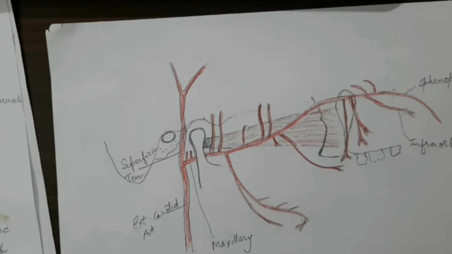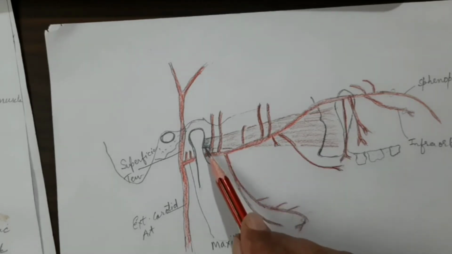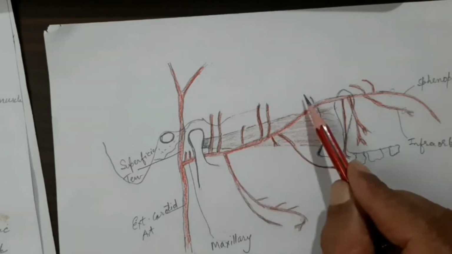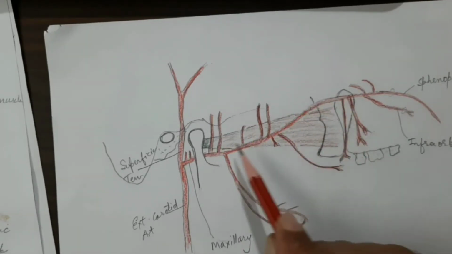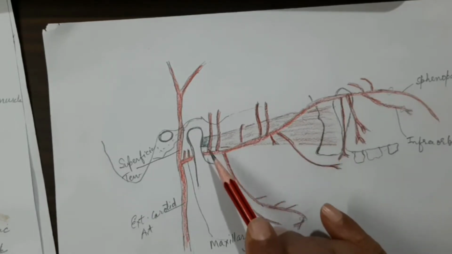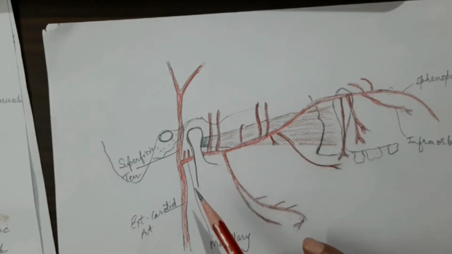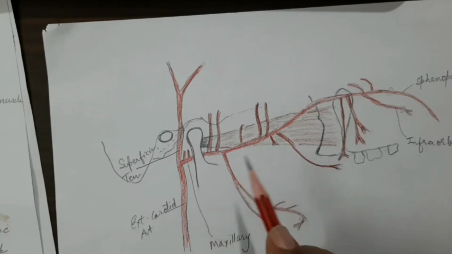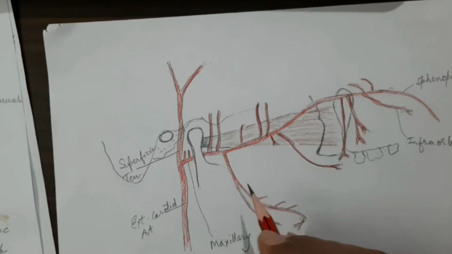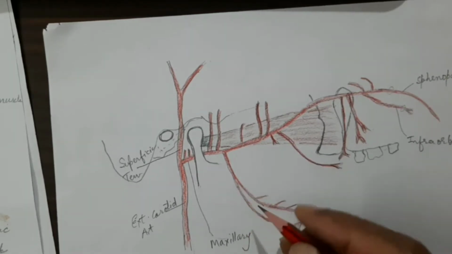Just see how the artery in the infratemporal fossa is divided into three parts. The first part lies below the lower border of the lateral pterygoid muscle. As I said, this is the lateral pterygoid, and I have drawn only the lower head, not the upper head, to avoid congestion in this diagram. So the first part is where the artery is going up to the lower border of the lateral pterygoid.